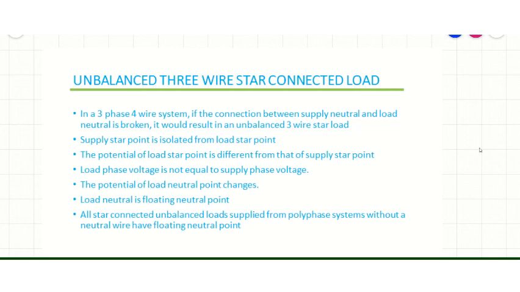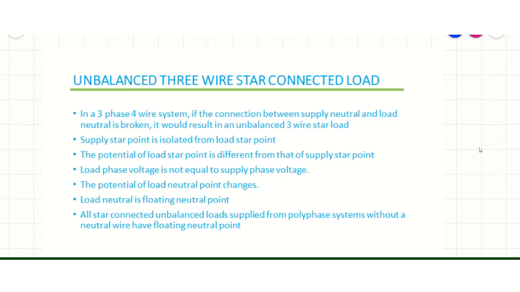The potential of the load star point is different from that of the supply star point. The result is that the load phase voltages are not equal to the supply phase voltages, and they are not only unequal in magnitude but also subtend angles other than 120 degrees with one another. The potential of the load neutral point changes according to changes in the impedances of the phases.